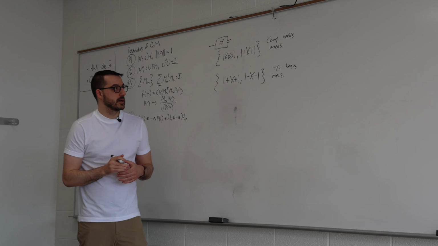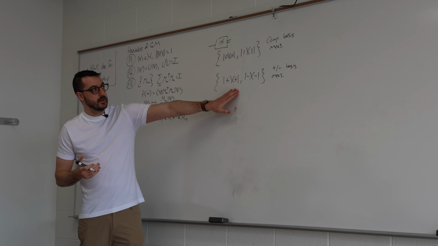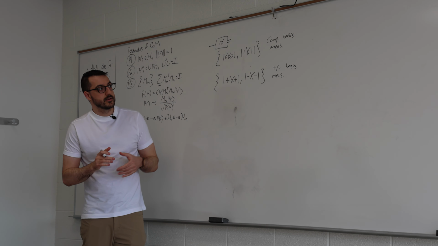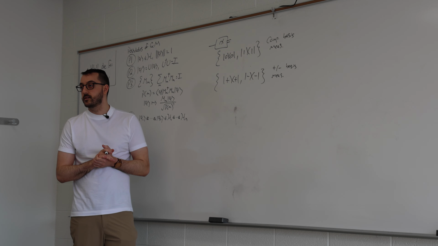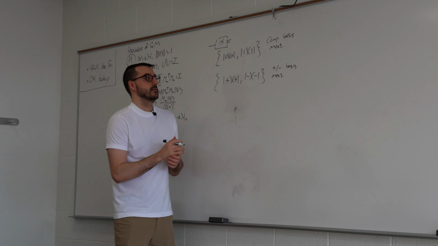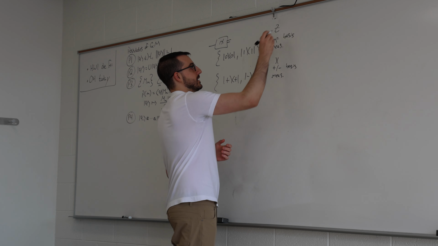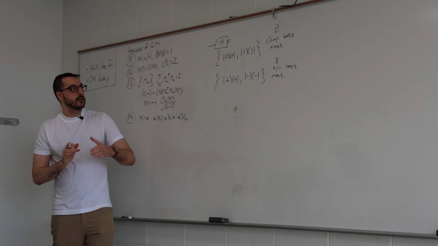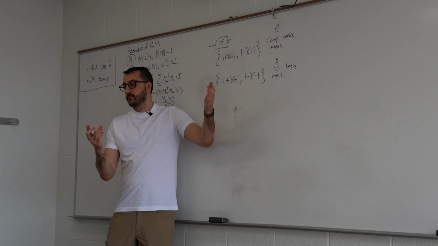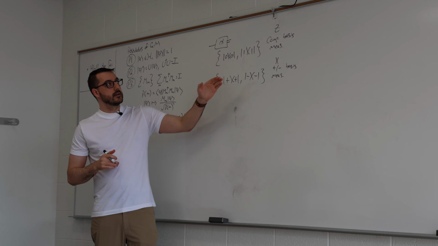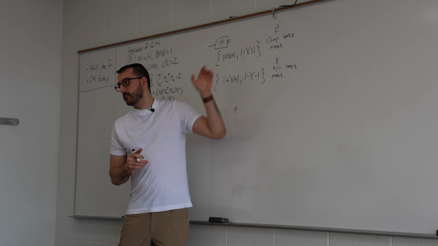And for reasons that we'll see shortly, these two states, plus and minus, are actually eigenvectors of the Pauli X operator. So you could call this an X basis measurement as well, whereas this one would be a Z basis measurement. 0 and 1 are perhaps slightly more obviously the eigenvectors of the Pauli Z matrix.